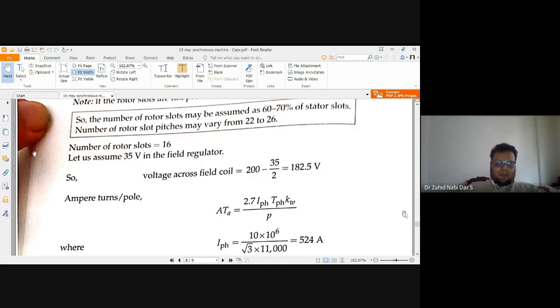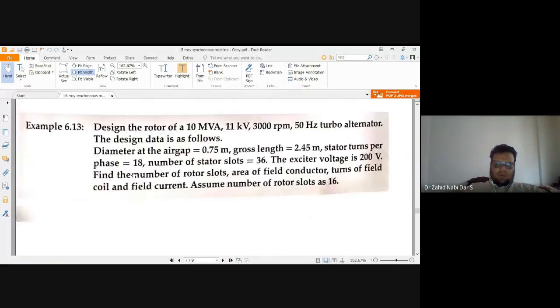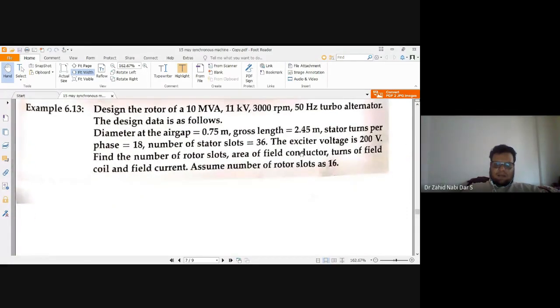So we assume around 35 volts for the field excitation voltage, because in the beginning we excite it. The voltage across the field coil, here you can see the exciter voltage. The maximum excitation is 200 volts, but at the start we have to excite such that the rotor starts to rotate with the DC field.